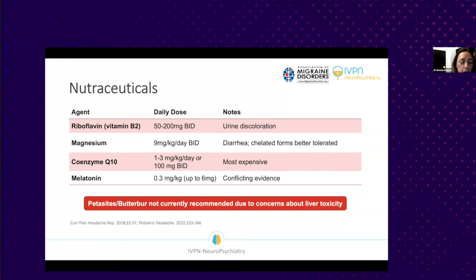And just of note, petasites or butterbur root is no longer currently recommended for use as a preventive, although there was some supporting evidence that it could be helpful. But there is a naturally occurring element in the root, phenylalkaloids, that can cause liver toxicity. To be cautious, we don't want to cause that kind of toxicity or liver damage in kids.